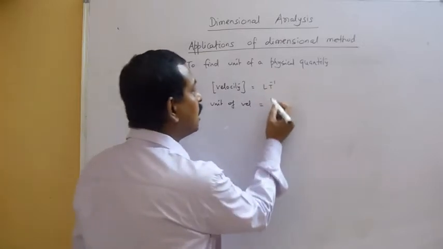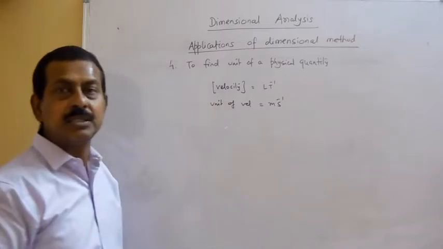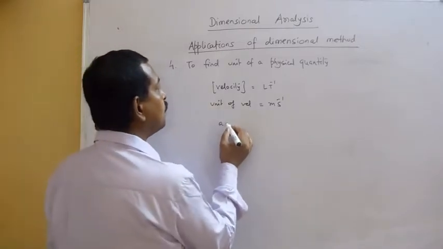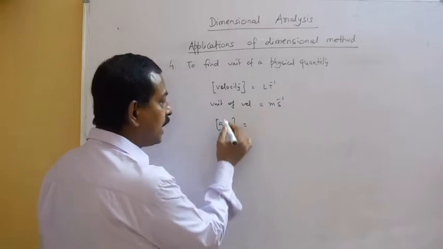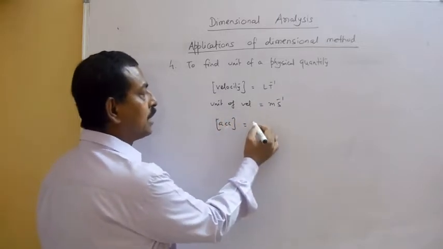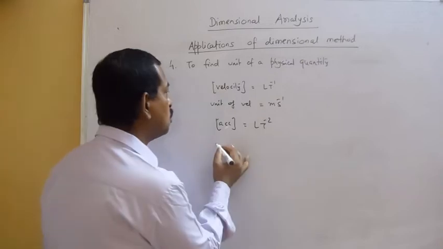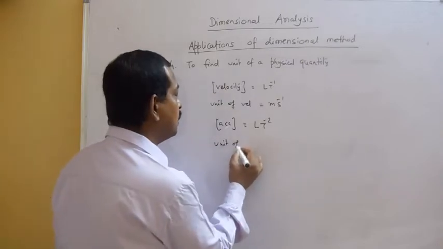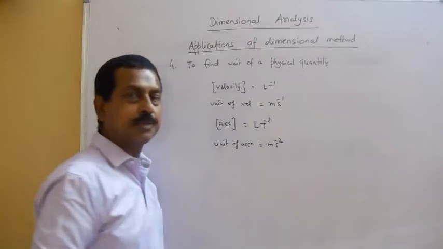As it is a length term, it is meter per second. Similarly, if you want to find the unit of acceleration, first we'll take the dimension of acceleration, which is L T power minus 2. So the unit of acceleration will be meter per second square.